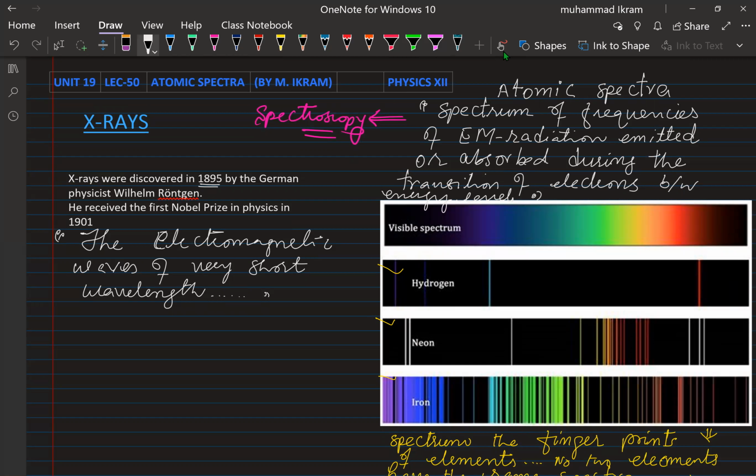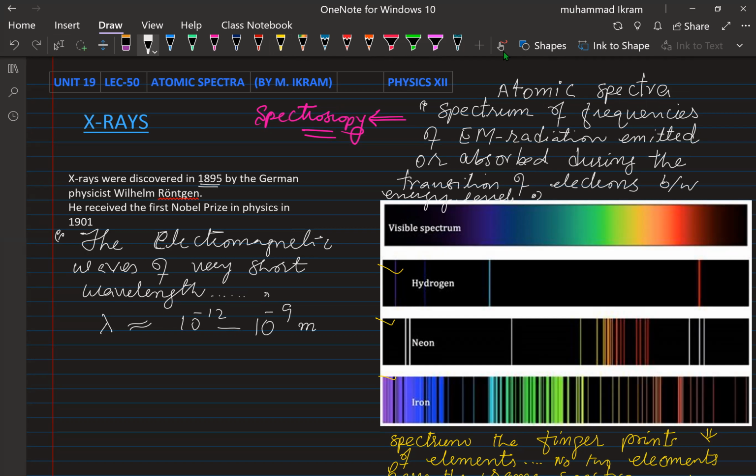Few important things: the wavelength of the X-rays is of the order of 10 raised to the power minus 12 to 10 raised to the power minus 9 meter, right?